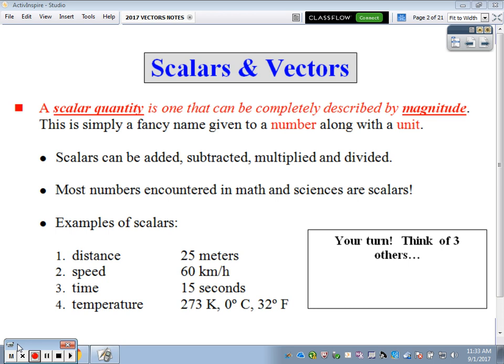Now, the combination of that number and a unit is given a very specific name. It is called magnitude. And magnitude is something that we will talk about almost on a daily basis throughout this course. As you might find a little bit later in the year, we're looking for the magnitude of the force. That means I need a number and unit that would apply to force.